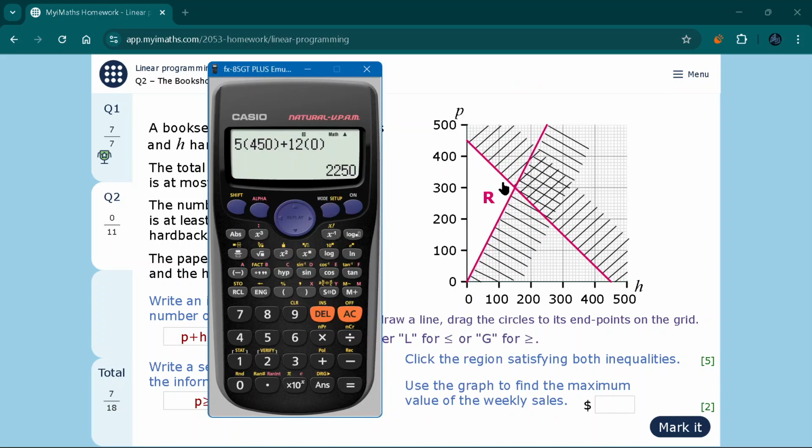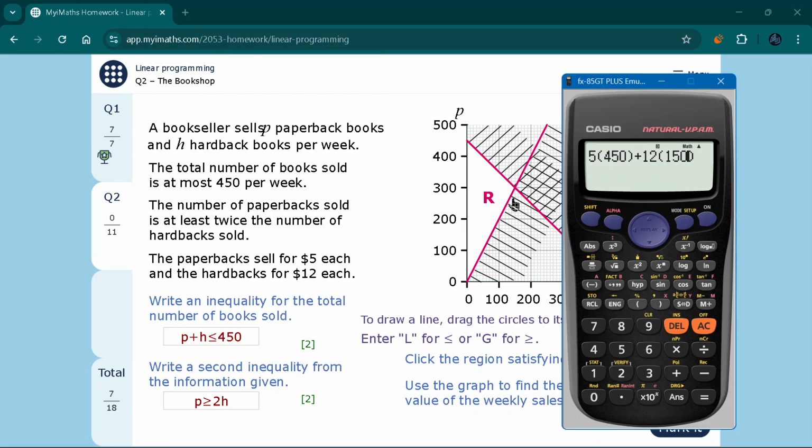But we get more for hardbacks. I'm going to take this point here, which seems to be 150. So that means H is 150. If we look at that point there, H is 150. So with the hardbacks, 12 times 150. And at that point as well, P is 300. Okay, so let's check that. Let's change that to 300.